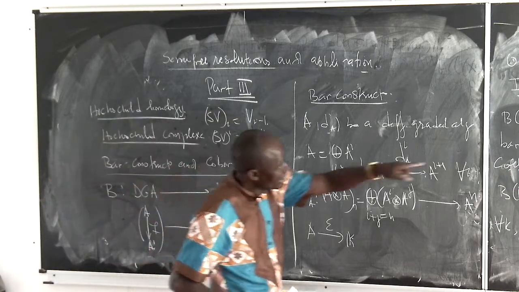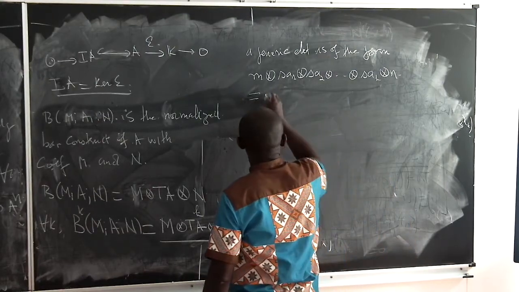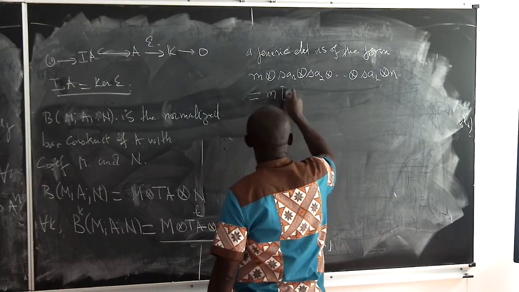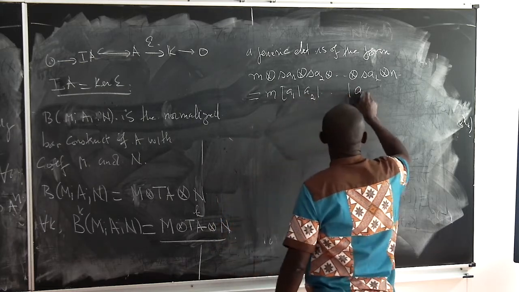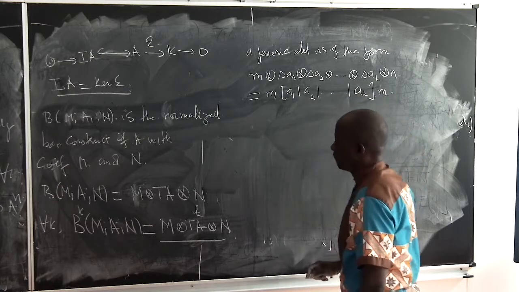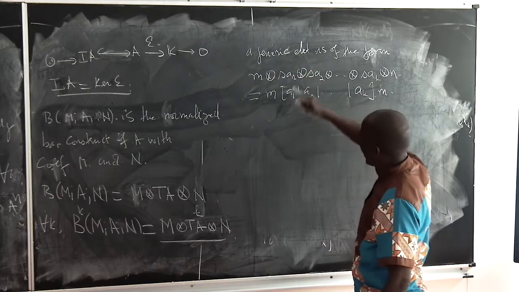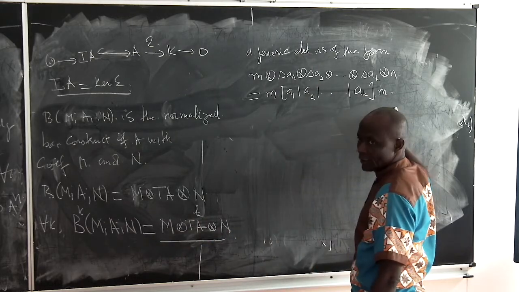So our S here is the suspension of the degree. This element is usually denoted by [A1|A2|...|Ak], and M here. So a generic element in this is exactly denoted by this.